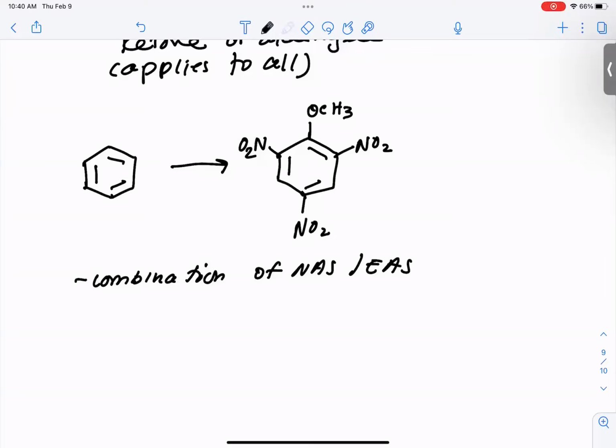I'll give you a hint. You don't know how to put that on the ring by EAS. Okay, that you have to get on by substituting a Cl using NAS.